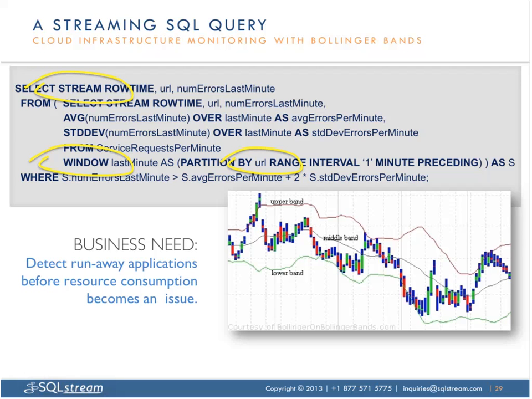If indeed there is a problem, we have a nested query to solve this. The inner query computes those analytics: the moving averages and standard deviations. Then the window construct provides a partitioning mechanism, so you can have a separate analytic for each, in this case, service URL, but it could be a core, an application ID, a subscriber number, or a customer account number.